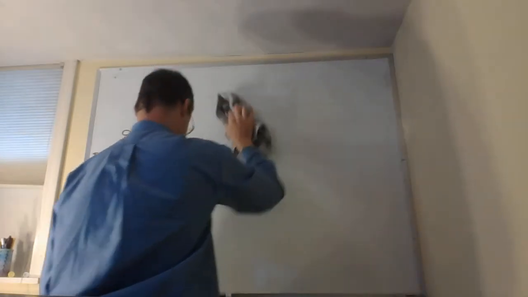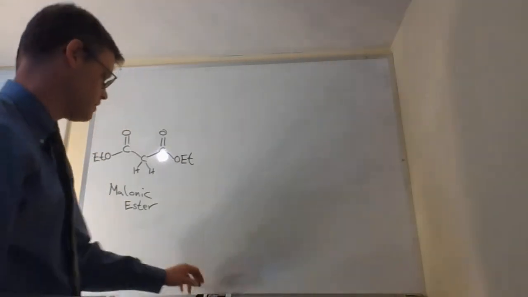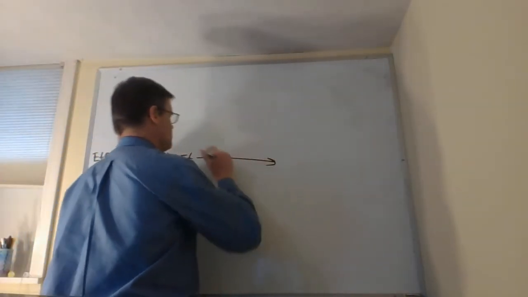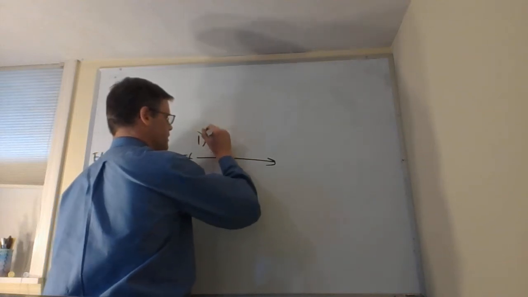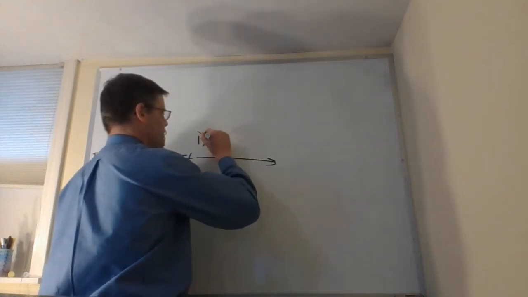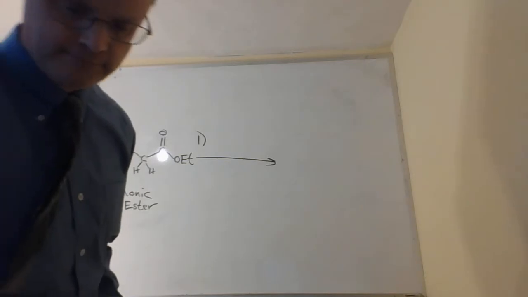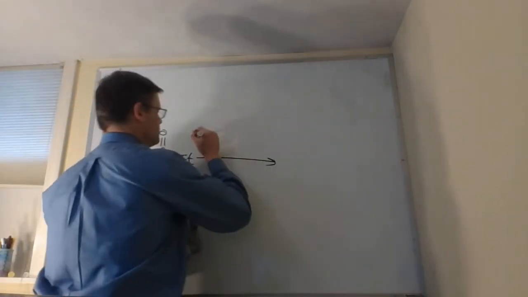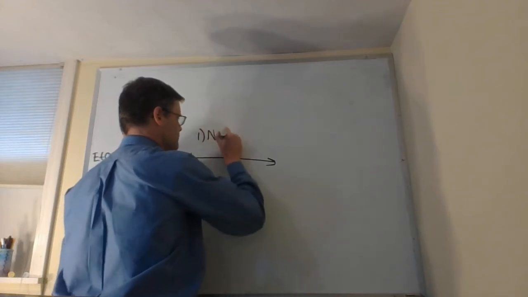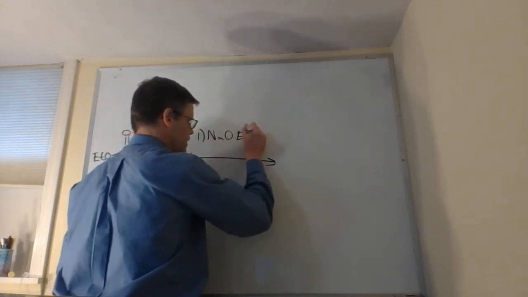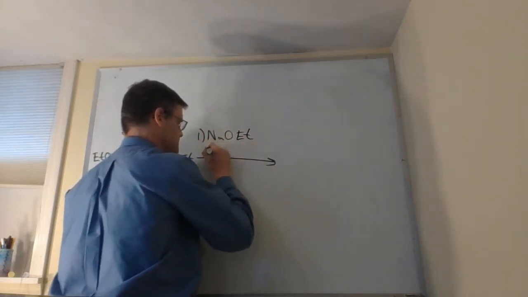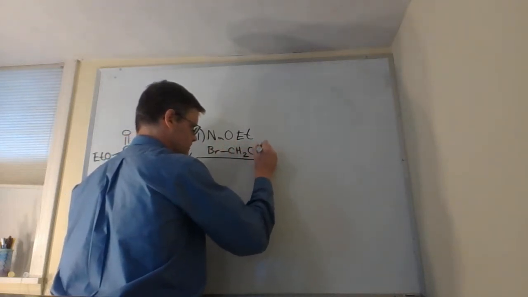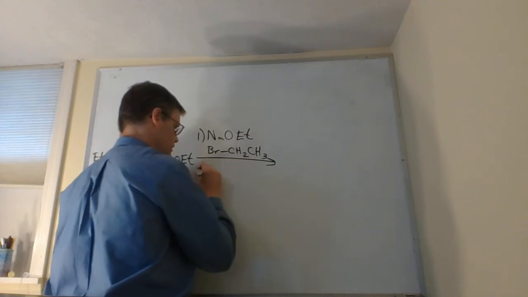So I'm going to start with an example with a monoalkylation. I can have a first step where I have sodium ethoxide, and then let's make this a simple chain, maybe CH2CH3.